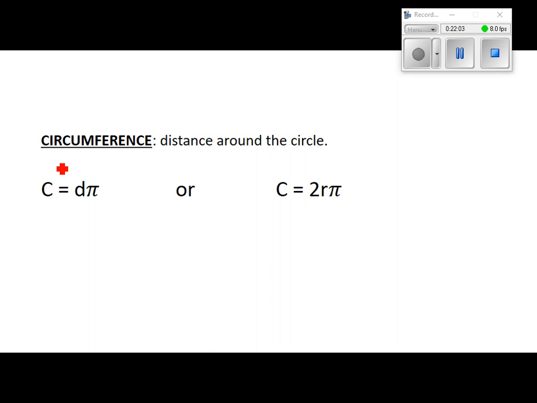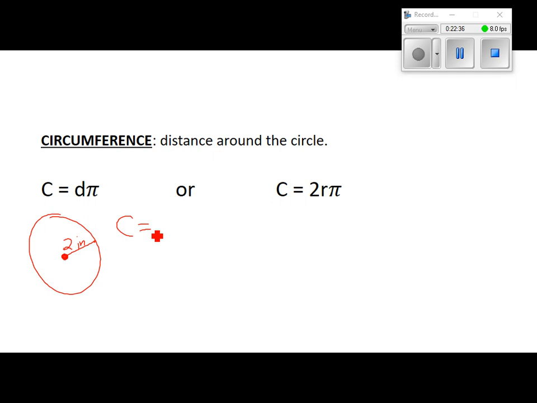So let's just do an example here. Somebody make up a radius for me for this circle. 2. Now give me units. 2 inches. So if that radius is 2 inches, if they just want it in terms of pi, then we could use either one of these formulas.